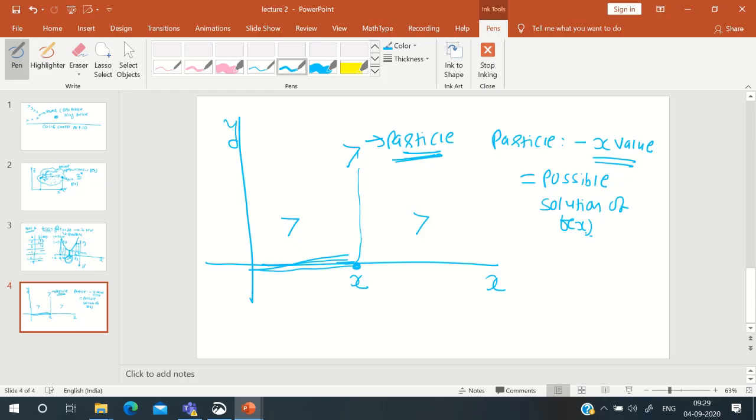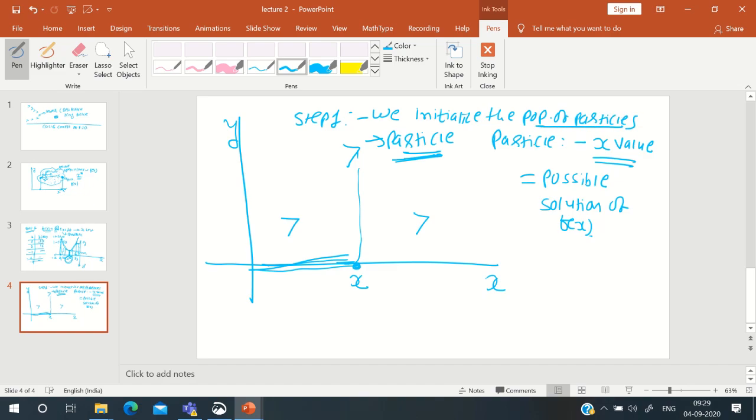See, in any optimization, rather in any artificial intelligence method or computational intelligence method, in step number 1, we initialize the population of particles.